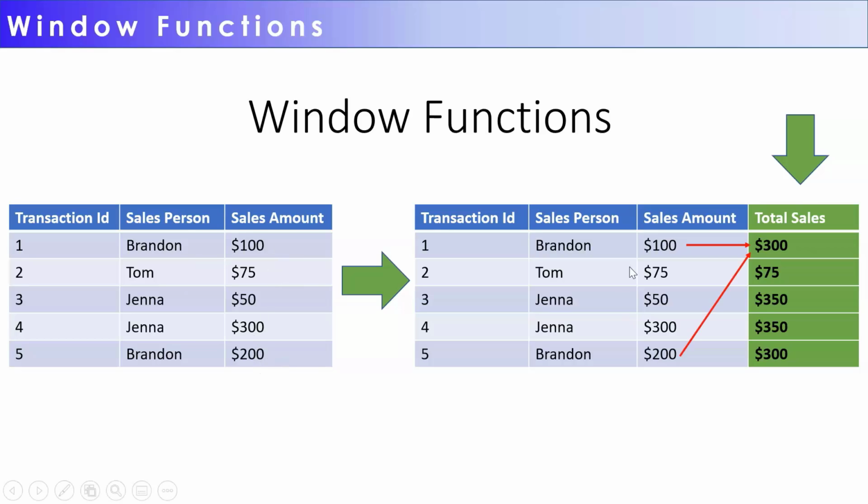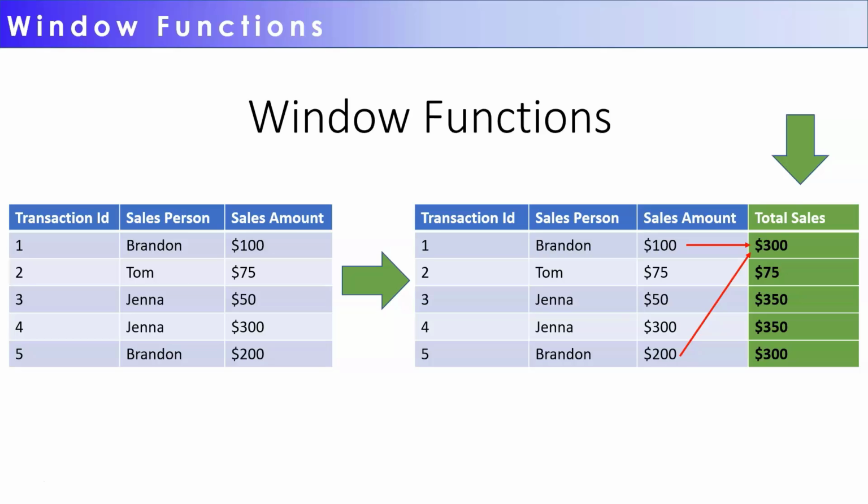But in our window function version, we have this new column, total sales, where both records for Brandon reflect that total sales amount for Brandon. So we get the same result that we got with the aggregate query in terms of calculating Brandon's total sales, but we don't have to collapse our data down based on including that aggregate calculation.